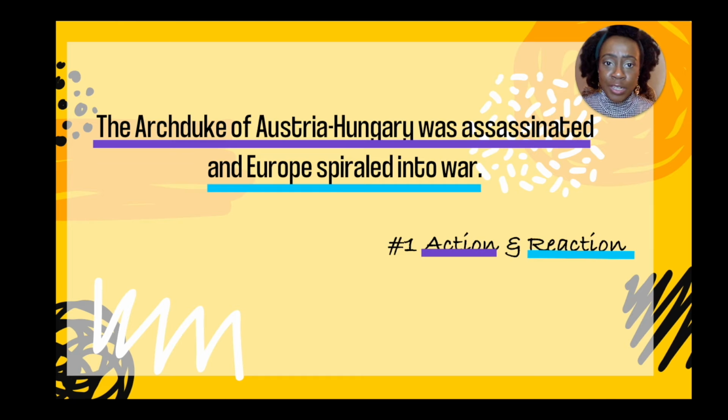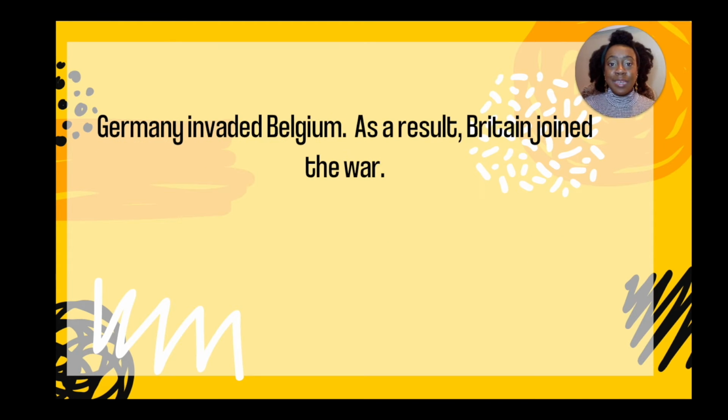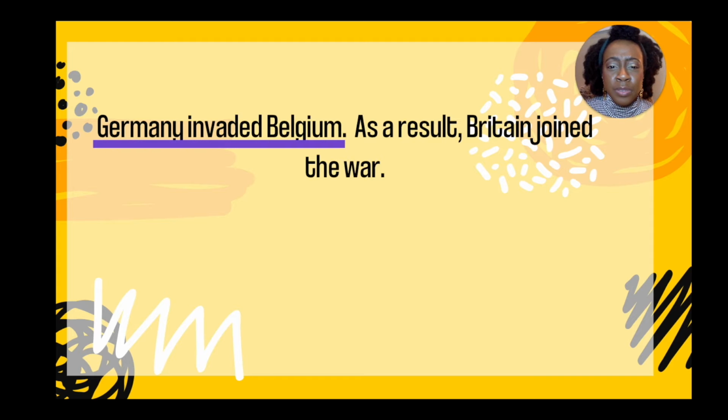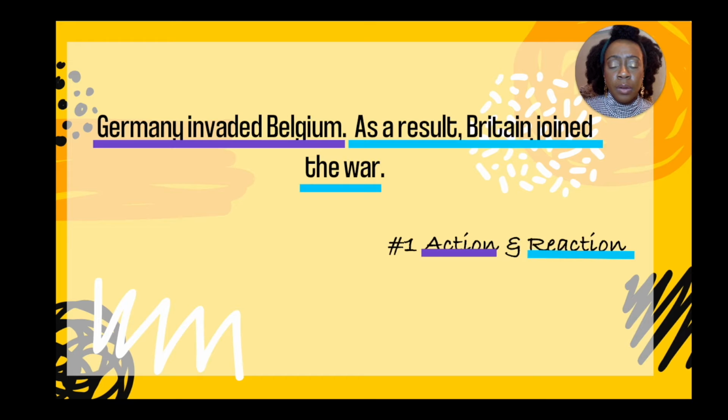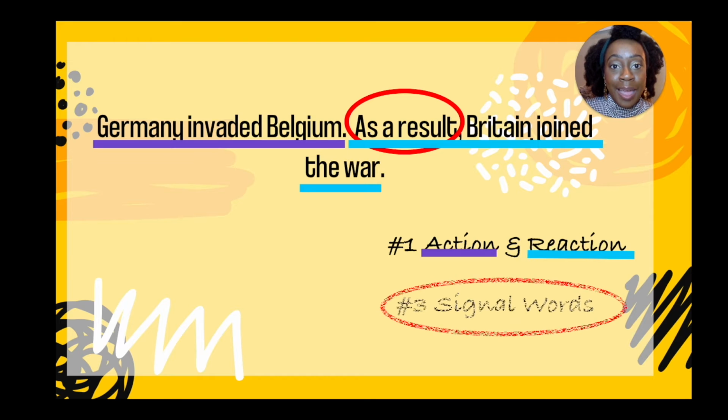So strategy number 1 helped me here. Let's look at another example. Germany invaded Belgium. As a result, Britain joined the war. I'm noticing a few things. Again, action, reaction. Okay, so number 1. But then also there is a signal word here. As a result.